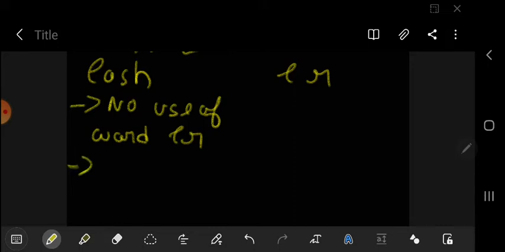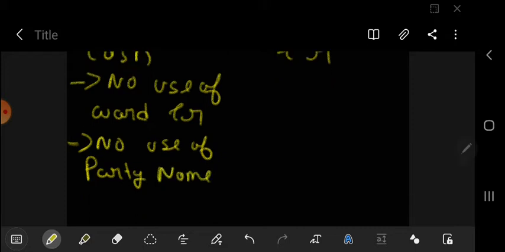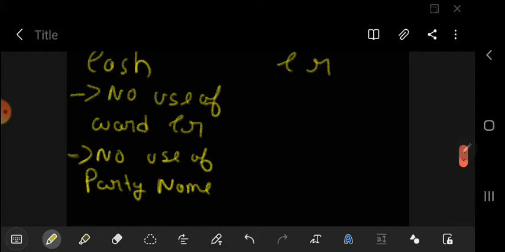Any transaction in which the word credit is not given is a cash transaction, and also there is no use of a party name.